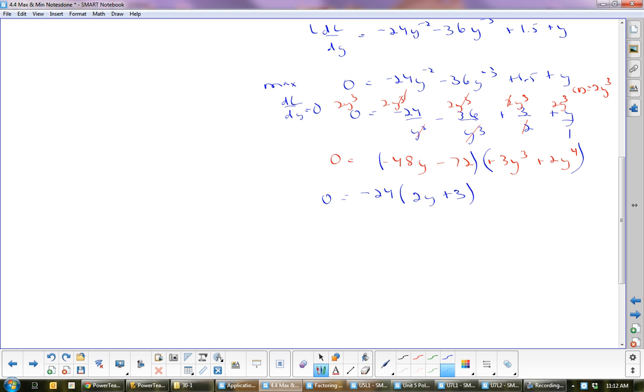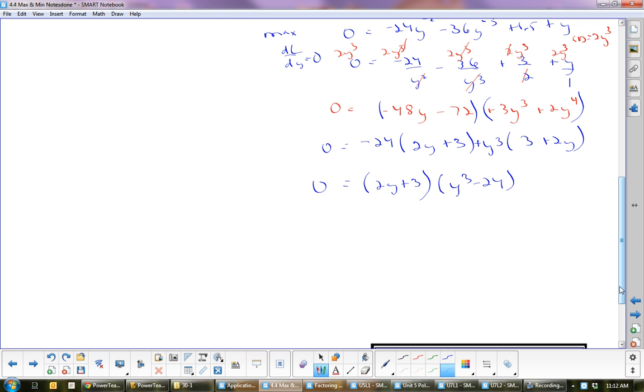Out of the second set, take out a y cubed. That would leave me with 3 plus 2y. Okay, and 2y plus 3 and 3 plus 2y is the same thing. Since they both share that, I'm going to take 2y plus 3 out, leaving me with negative 24 plus y cubed, or y cubed minus 24, same thing. Just nice to have the variable first.